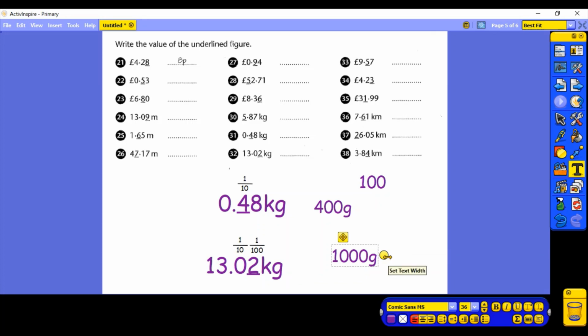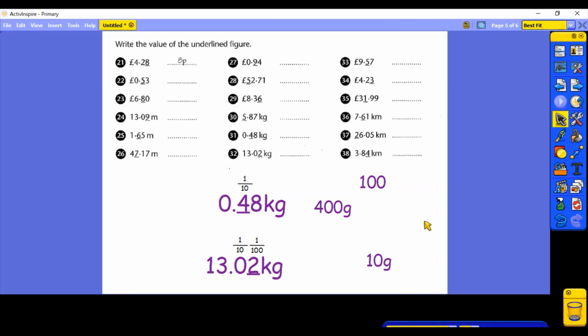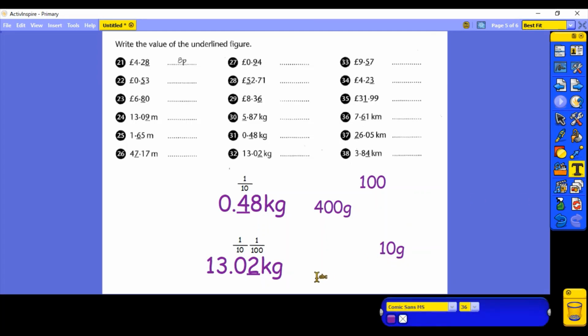So 1,000 divided by 100 is 10. Okay, so this place here, the second decimal place for the kilograms, is worth 10 grams. And if there is a 2 here, that must mean that it's worth 2 lots of those 10. So it is worth 20 grams.